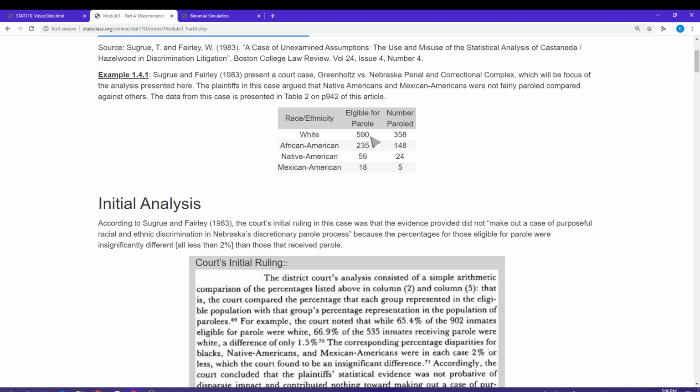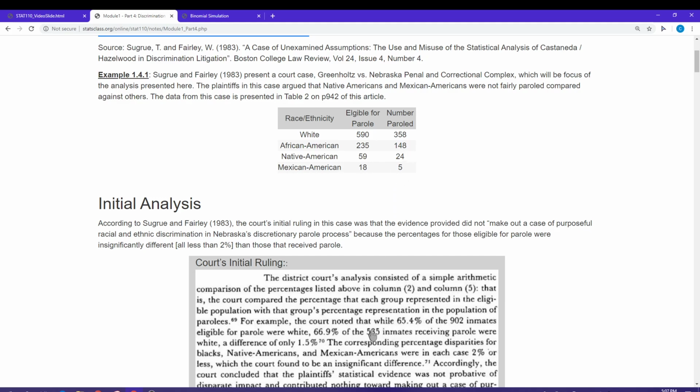Here we can see there are 590 whites, 235 African Americans, 59 and 18. There were a total of 902 people eligible for parole. The first thing the court looked at was 590 divided by 902, and that's about 65%. So 65% of the people eligible for parole were white.